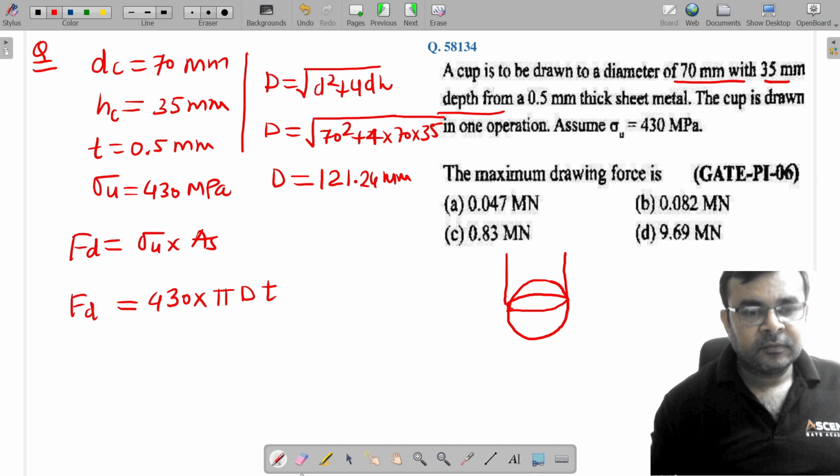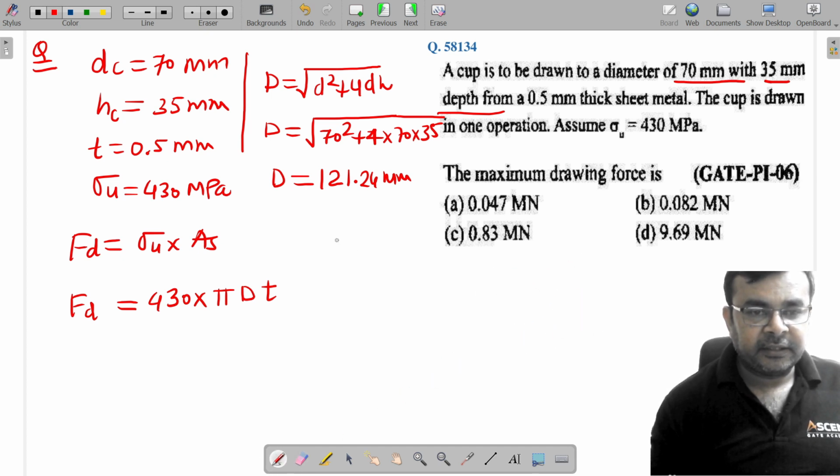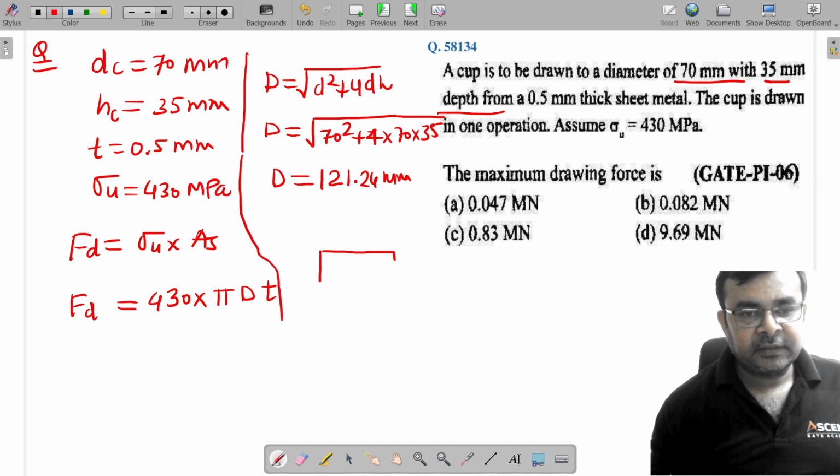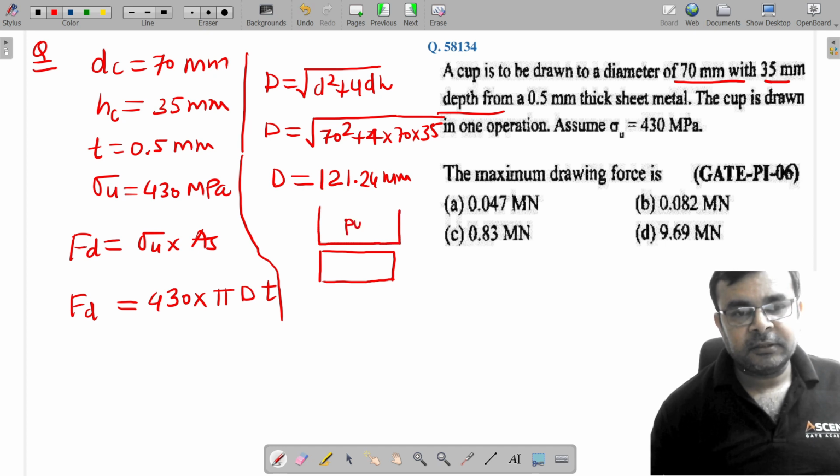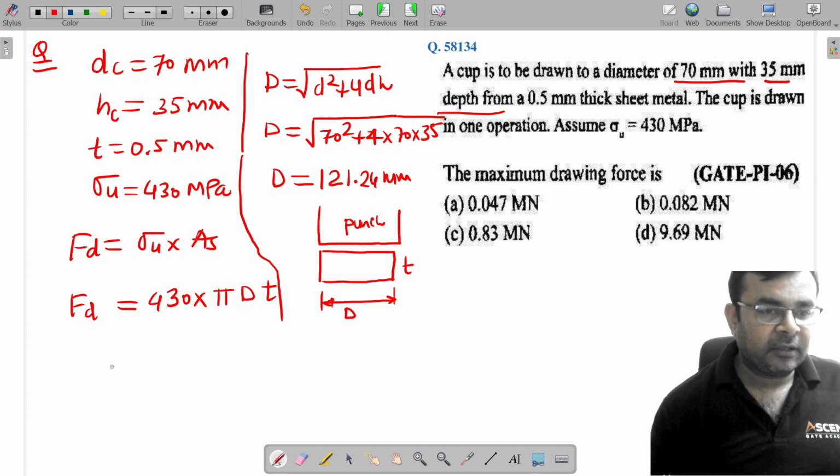Is it clear? If I draw its figure like this, for better understanding, let's say this is a blank on which you need to apply a force with a punch of this size. The punch, correct? And this is the blank whose diameter is capital D and thickness is T. Yes or no?